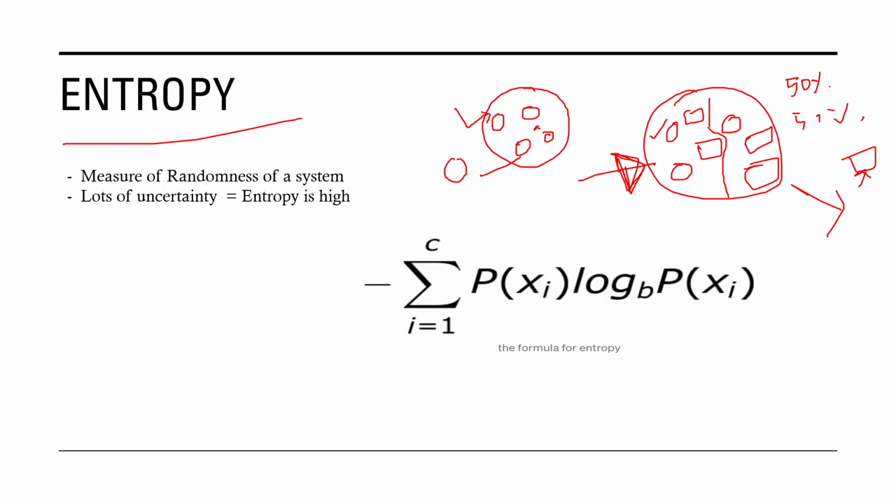The lots of uncertainty means that the entropy is high, as entropy is a measure of randomness. This is the formula of entropy. We will see later in our notebook, and we will calculate from a data set how to find entropy.